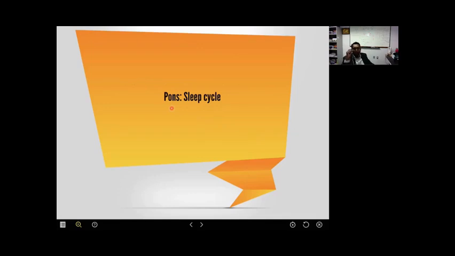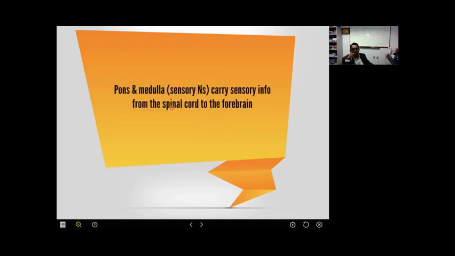And coming to the pons, it plays a vital role in regulating our sleep cycle. Also, the pons and medulla are the back part of the brain, where the spinal cord continues, or the medulla oblongata continues down into the spinal cord. So the sensory information through the spinal cord fibers goes through the medulla oblongata and also the pons.